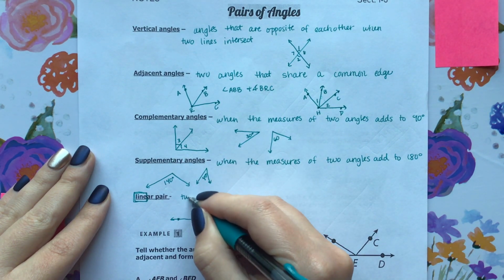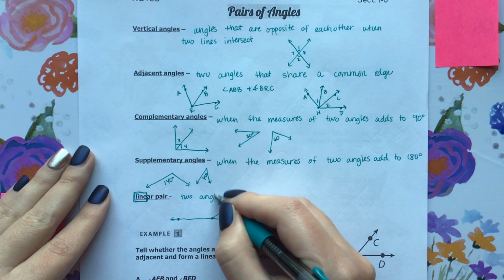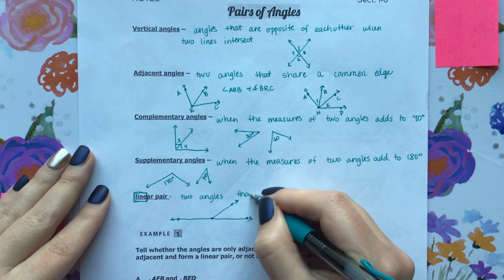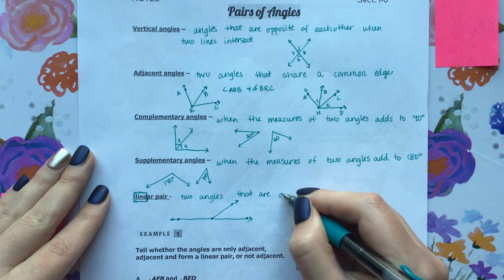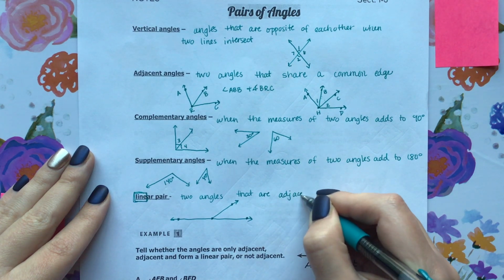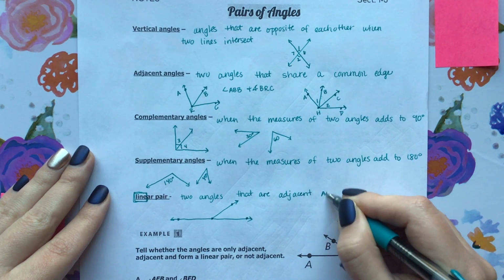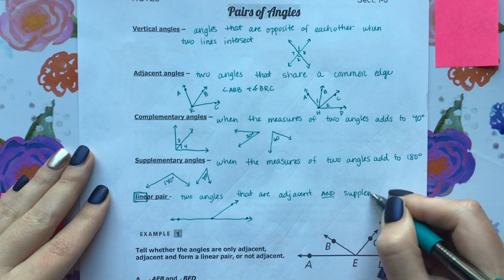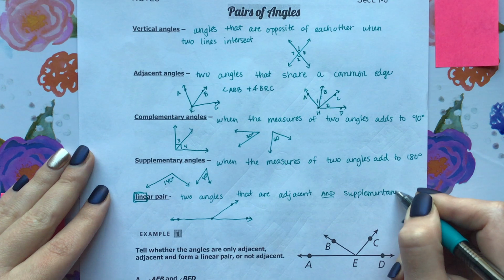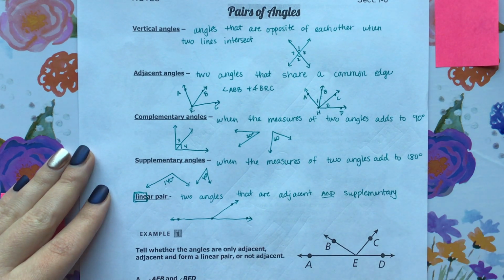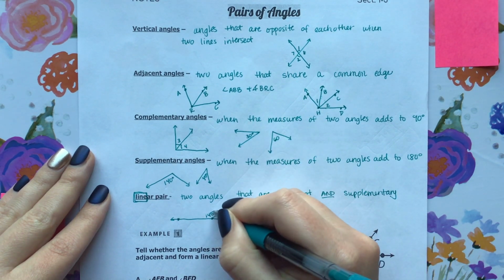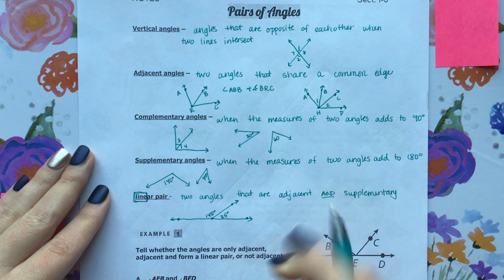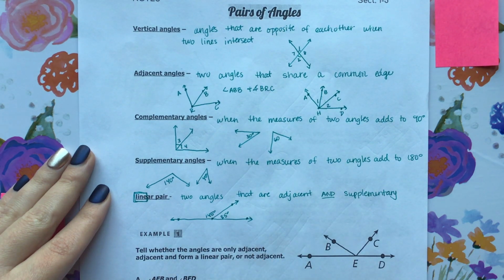So two angles that are adjacent and supplementary. So this one might be 145 degrees and this one might be 35 degrees. And there's lots of examples that you can have for this as well.